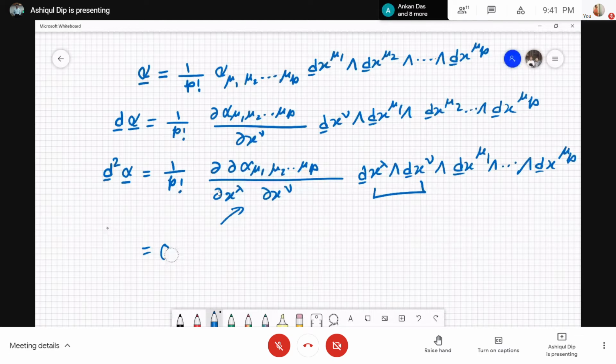So now this object is symmetric with respect to the change of the indices.